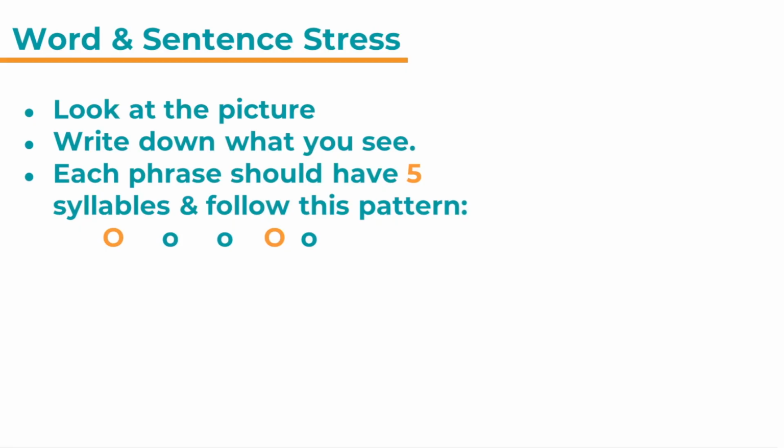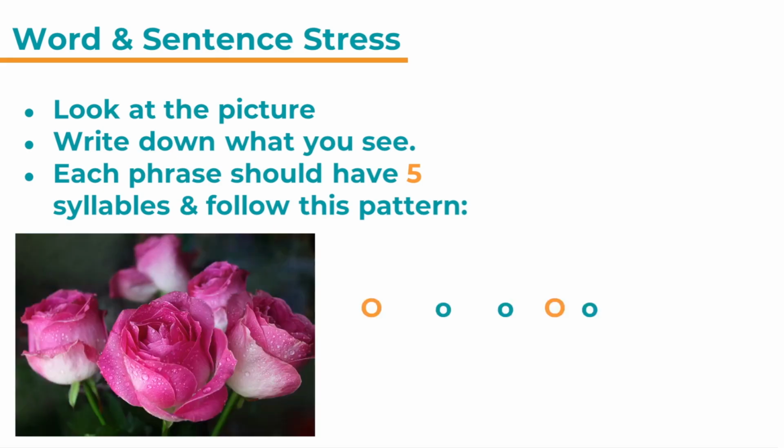So 5 syllables, first and fourth, have to be stressed. Okay, let's start. We'll do the first one together. Here is our first picture. Now we want to describe this picture, and our little phrase has to follow this pattern.